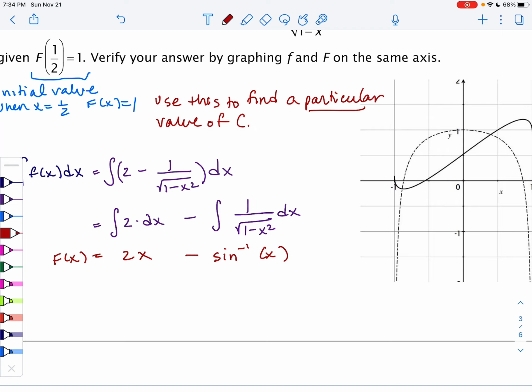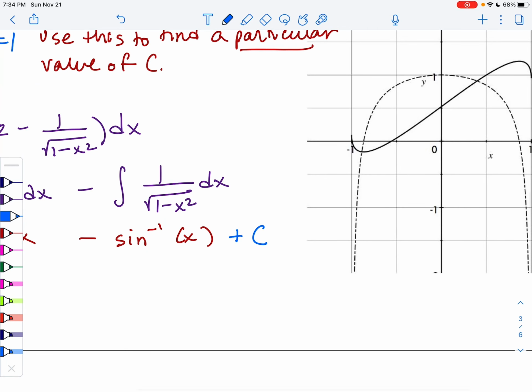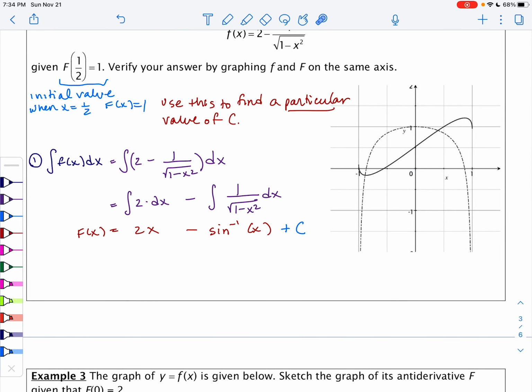Now we don't want to forget to add our general solution plus c. So this entire expression here is our general solution, or general antiderivative.